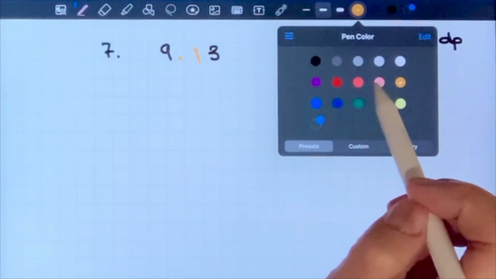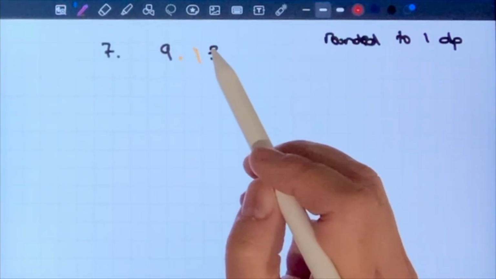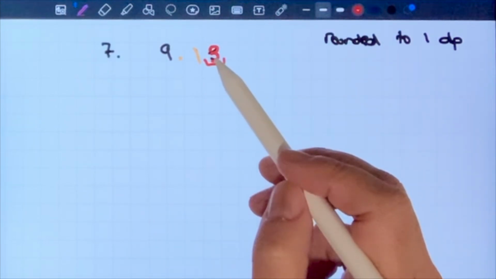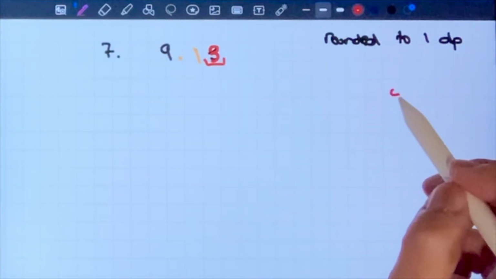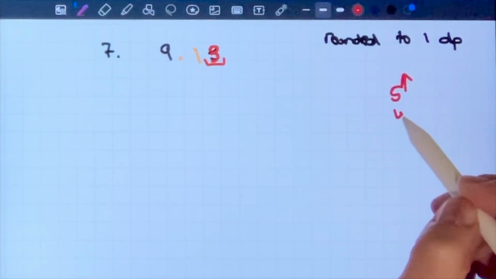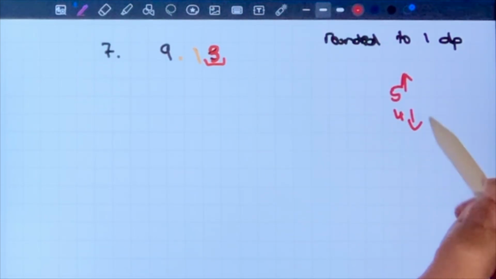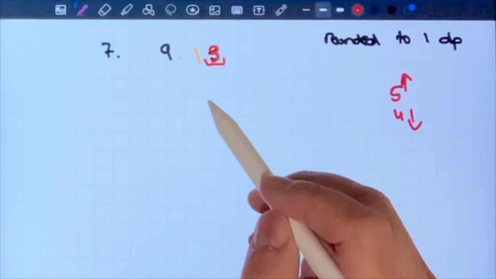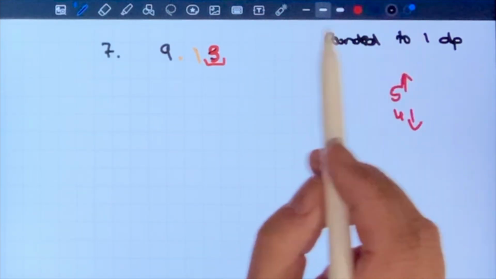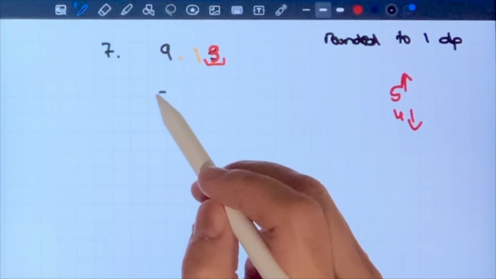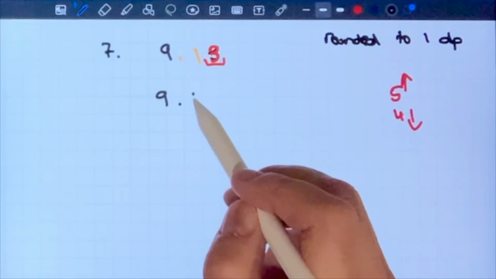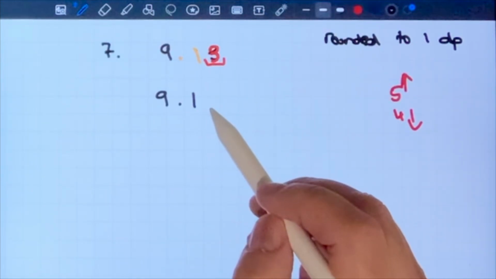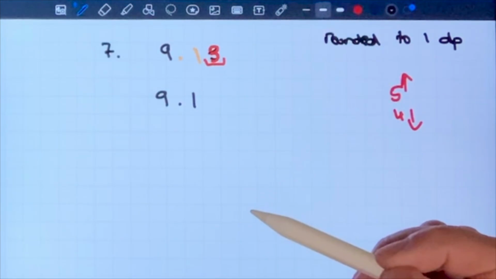To know whether to round it up or down, I look at the critical digit, which is immediately to its right. It is a 3. So, given it falls in this category of 4 and below, it is going to get rounded down. So this will become 9.1. Okay, and that is to one decimal place.